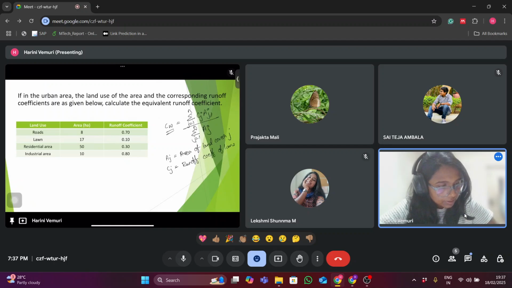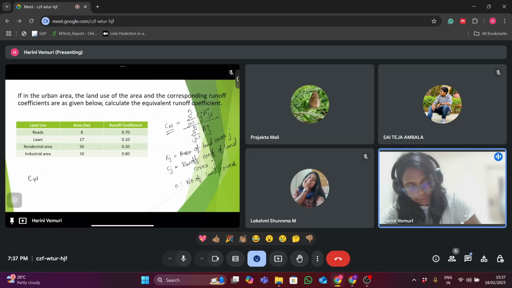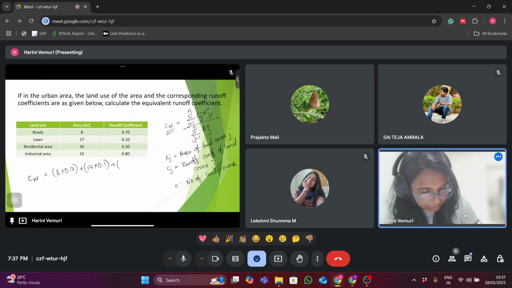So the weighted runoff quotient, using that formula, is 8 into 0.7 plus 17 into 0.1 plus 50 into 0.3 plus 10 into 0.8, divided by the total area.